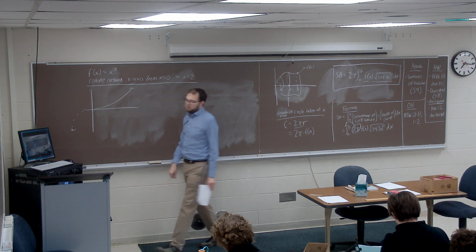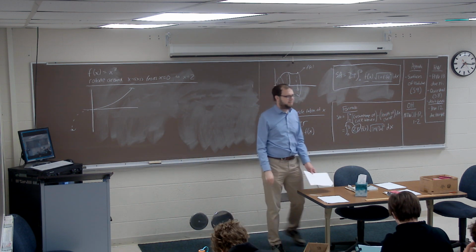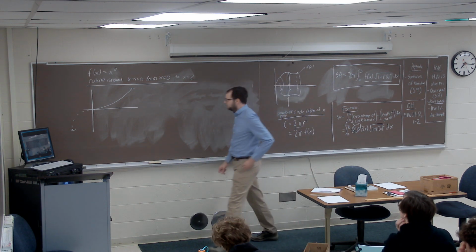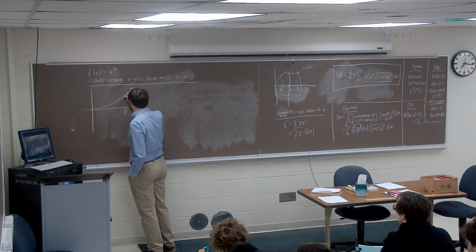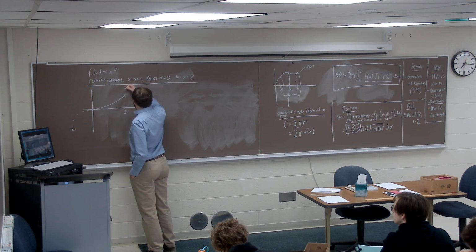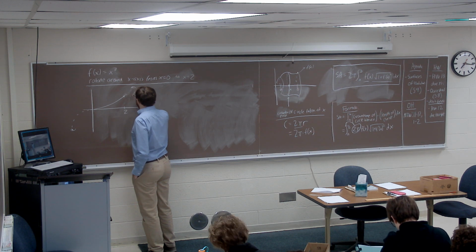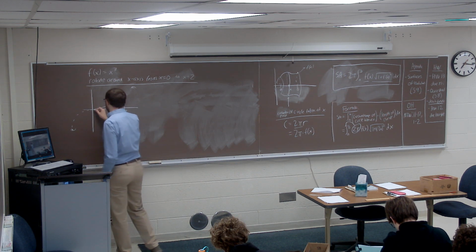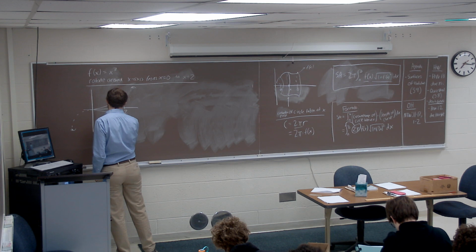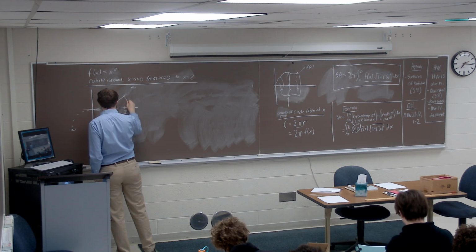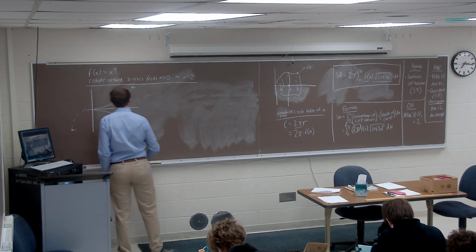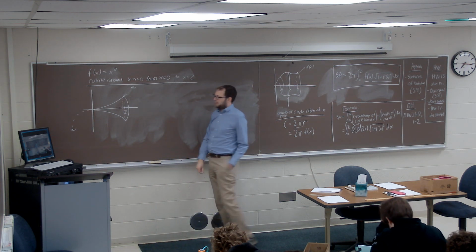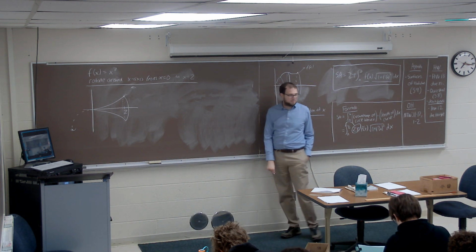And then it goes down to the left of x equals 0, but we don't really care about the left of 0 in this problem. So we're going to go from 0 to 2. And what we're going to do is take this shape and rotate it about the x-axis to get a shape that looks something like one of these megaphone shapes.